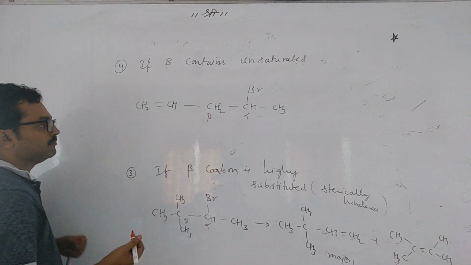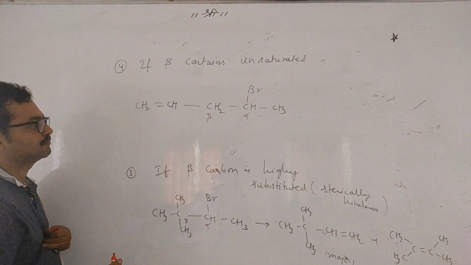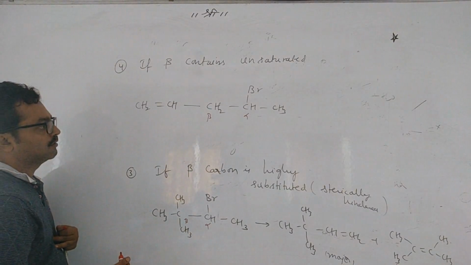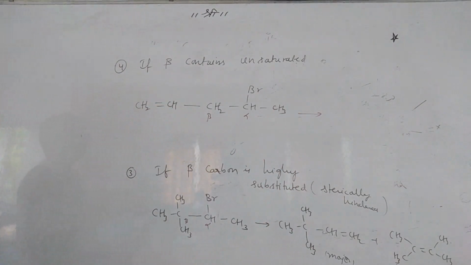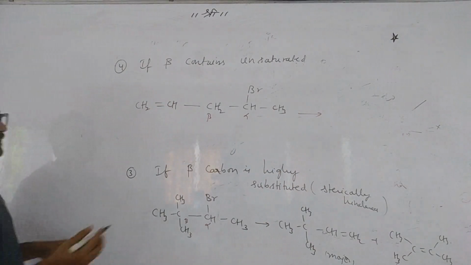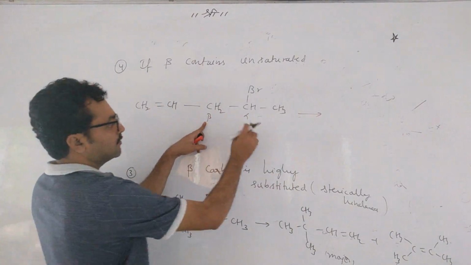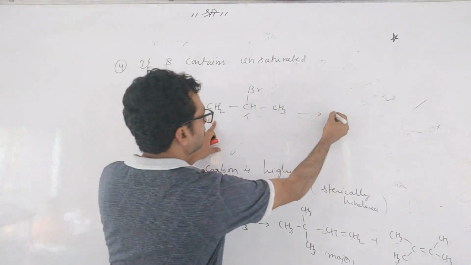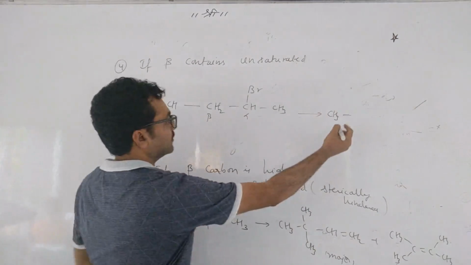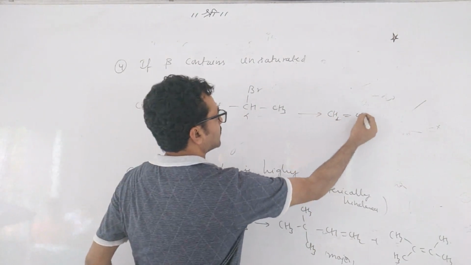Okay. So now, what is the chance here where you can get the hydrogen? Suppose here if double bond is broken, you will get an unsaturated compound CH3 double bond CH2.